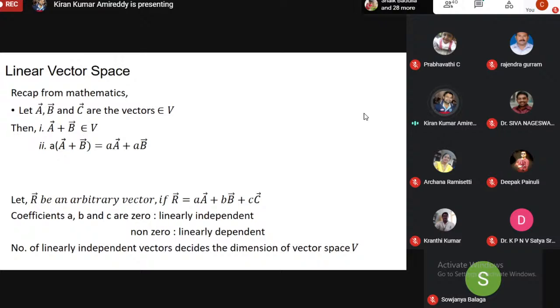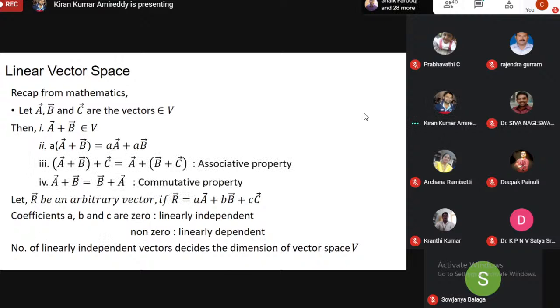With that, we have seen some of the properties of the vector. Suppose vectors are given.